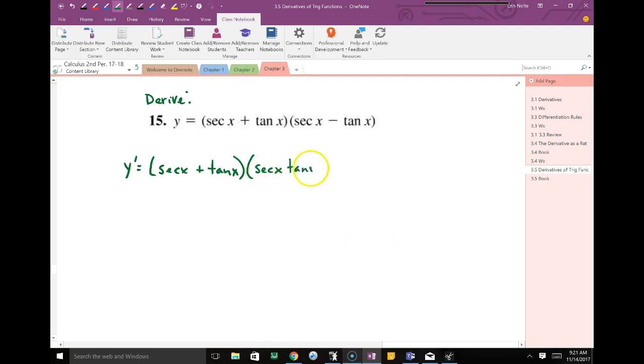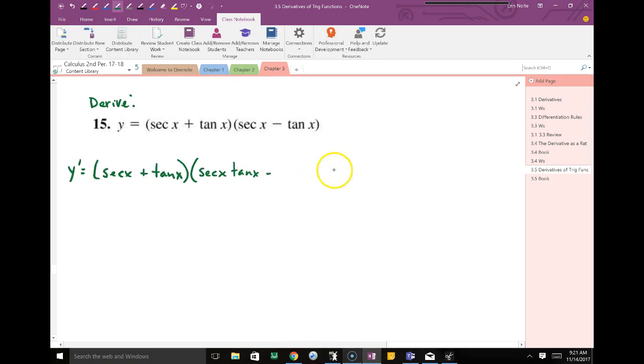Secant tangent minus the derivative of tangent, minus secant squared. Plus my second quantity. What's my second quantity? Secant minus tangent.